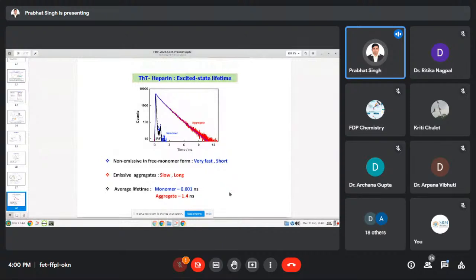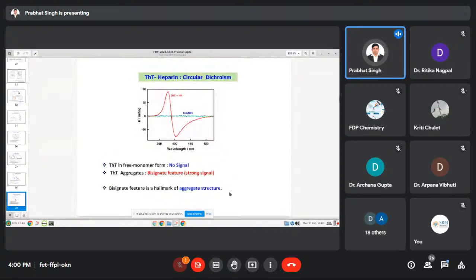Then, this is not something related to absorption and emission, but just to complete and complement the story that we are trying to make here, we did CD spectra. Many of you must have done CD measurements. What we see is a clear bisignate feature here.